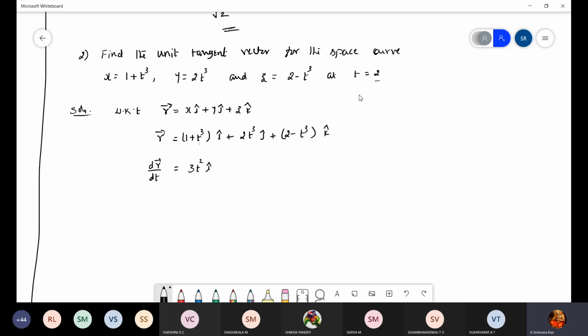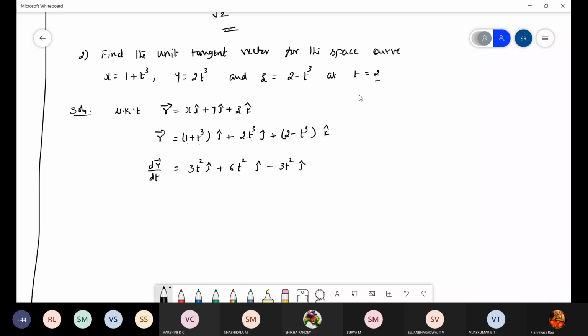Plus the second term, 2t cube: 2 is a constant because it is a product, keep as it is. T cube differentiation is 3t square, 3 times 2 is 6t square j cap. And here, differentiation of 2 is 0. Since it is minus, plus into minus is minus, and t cube differentiation is 3t square k cap. Is it right? Differentiation.